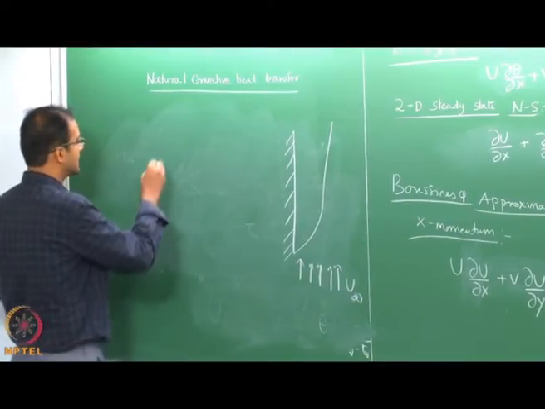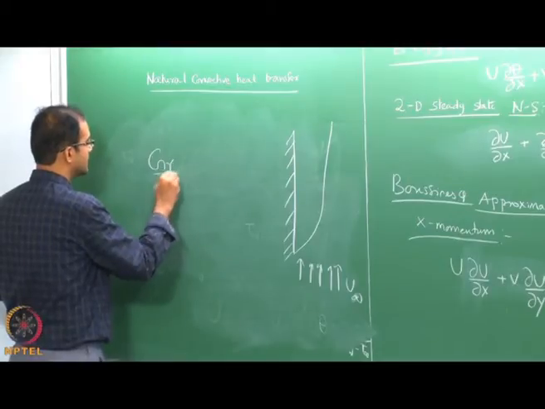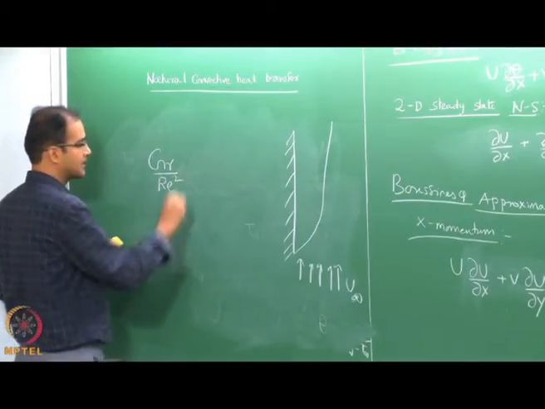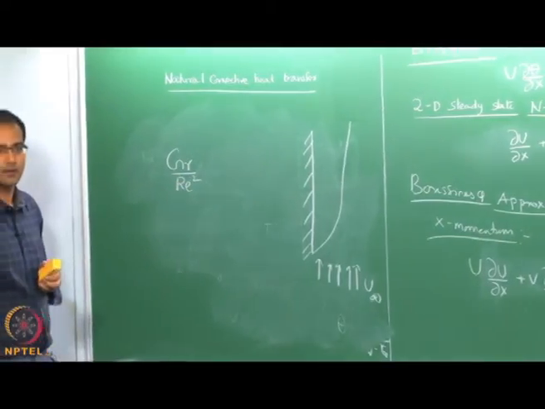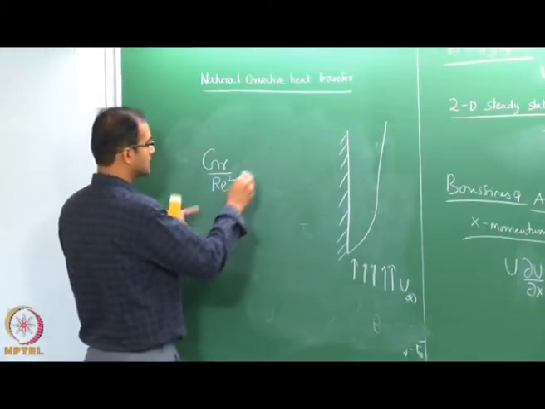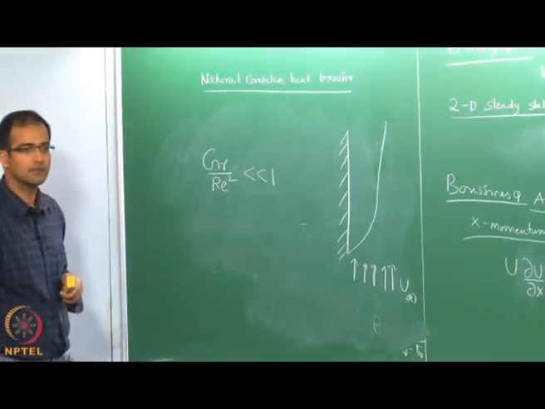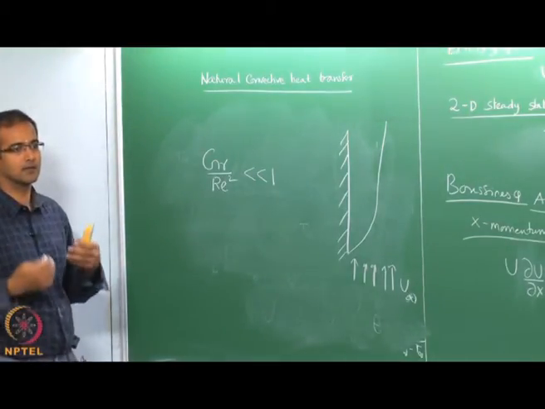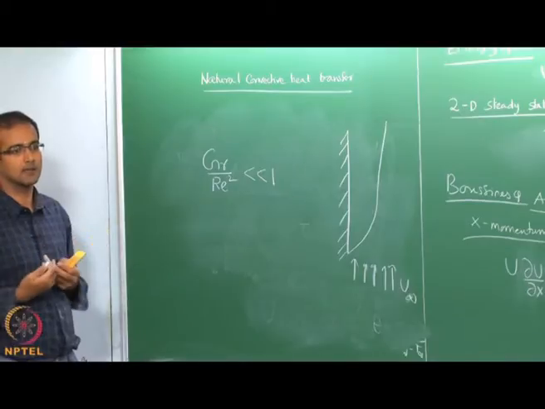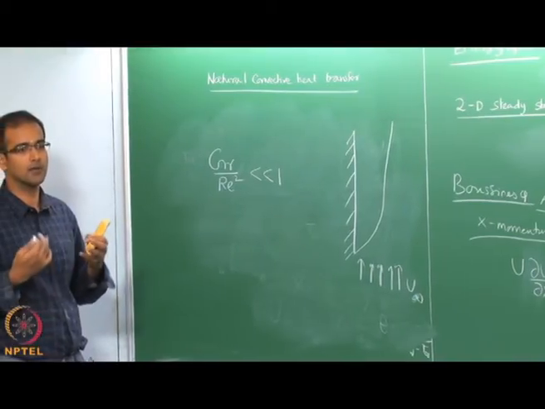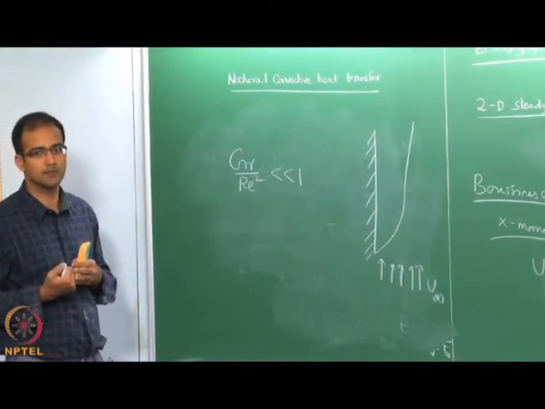Okay. So, in that case what is important, and how are the different regimes classified, is by the ratio of Grashof by Re square. Okay. So, if these values are much lesser than 1, that means your bulk velocity is now overpowering your buoyancy force.